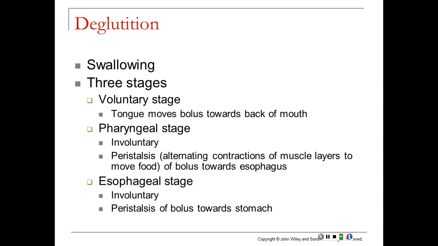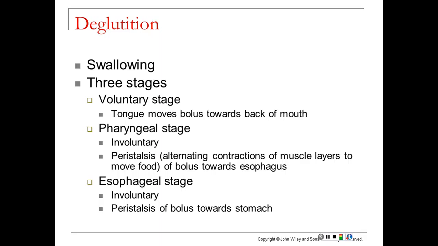Now let's leave the mouth with a big gulp and talk about swallowing. The technical term for swallowing is deglutition. There's 3 stages. The first is when your tongue moves the bolus to the back of the mouth. That's a voluntary stage. You choose when your food's going to be swallowed, and your tongue pushes that bolus, or that soft wad of food, back.